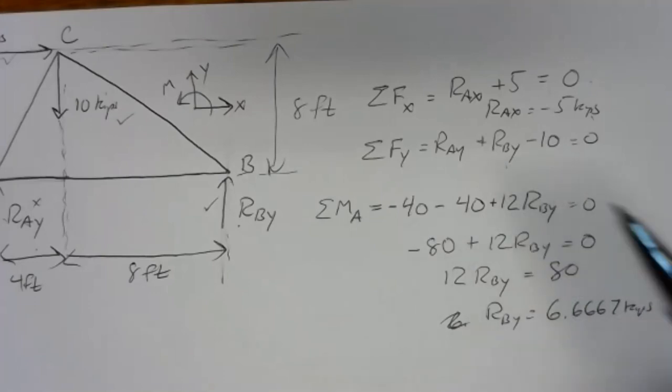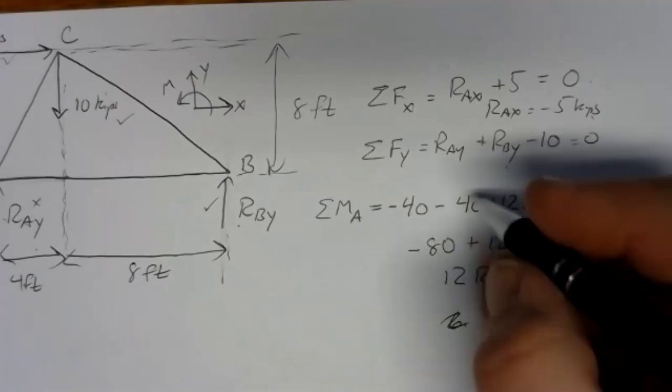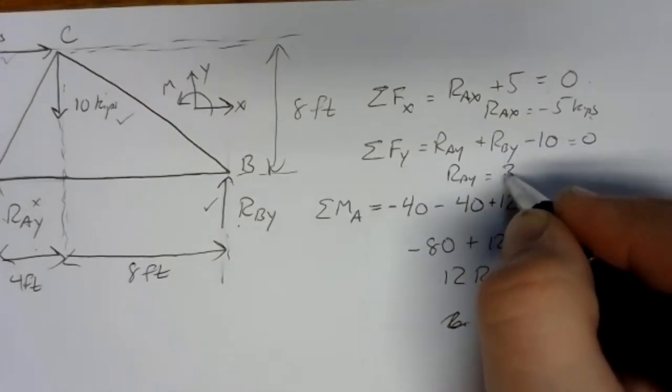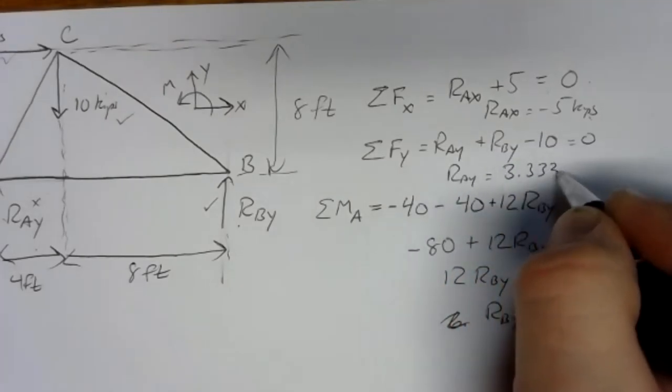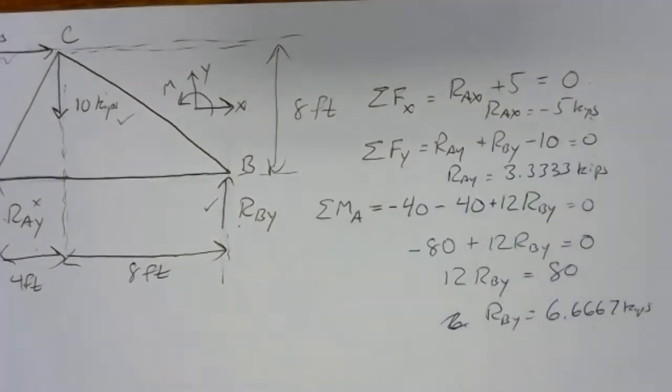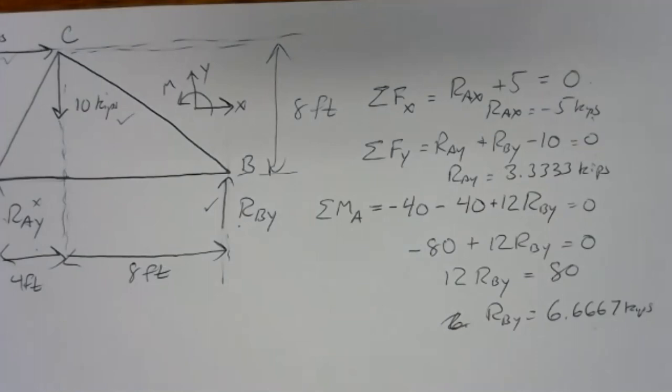And now that we know RBY, we can go back and figure out RAY, and RAY is pretty simple to solve, so I'll just draw it out. You can work through the math yourself on that, or see lecture 12. So RAY is 3.3333 kips. So that's our solution to our external problem.